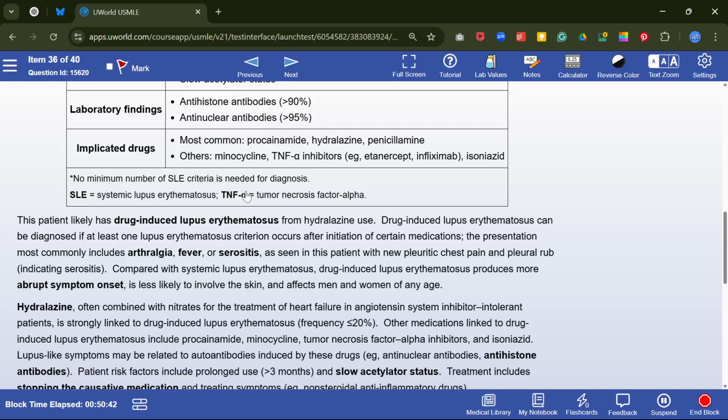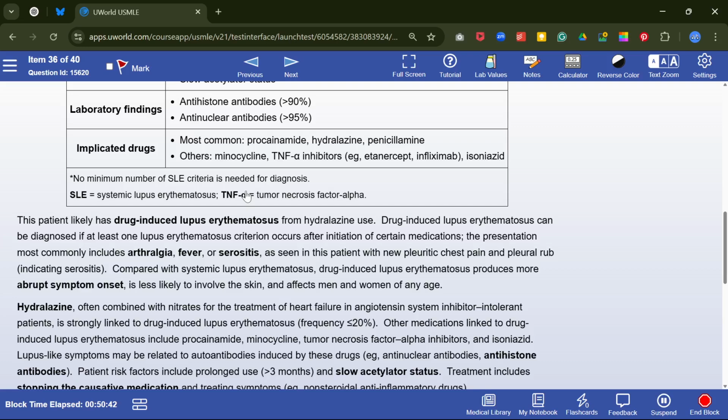Hydralazine is often combined with nitrates for the treatment of heart failure in angiotensin system inhibitor intolerant patients and is strongly linked to drug-induced lupus at a frequency of less than 20%.